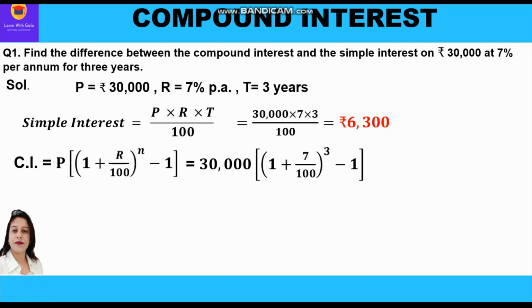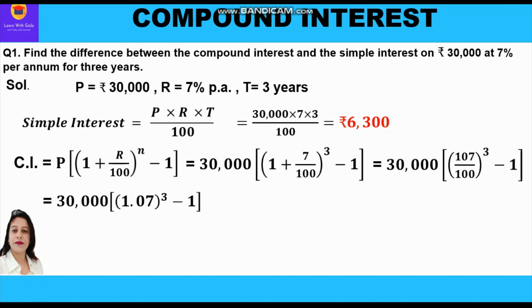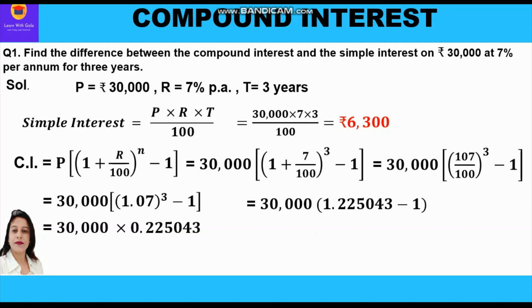Now we simplify by taking LCM: 30,000[(107/100)^3 minus 1], which is equal to 30,000[(1.07)^3 minus 1], which is equal to 30,000[1.225043 minus 1], which is equal to 30,000 into 0.225043. Multiplying it, we get the compound interest as rupees 6,751.29.